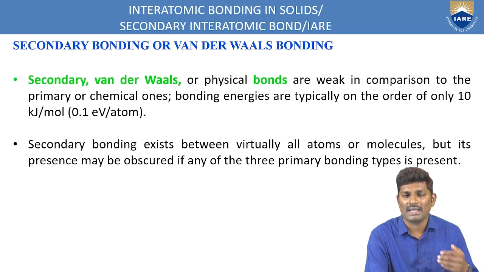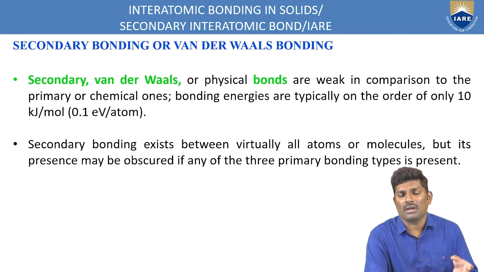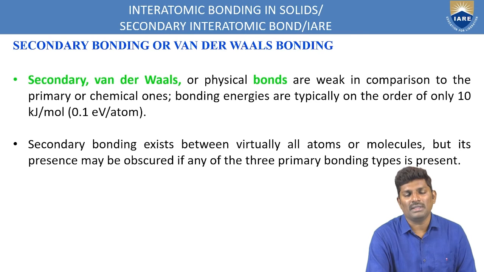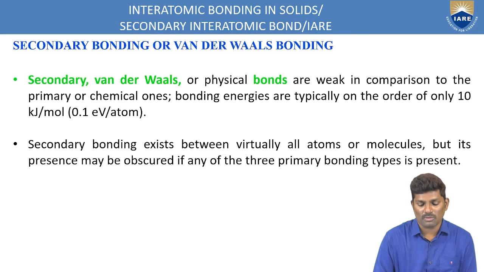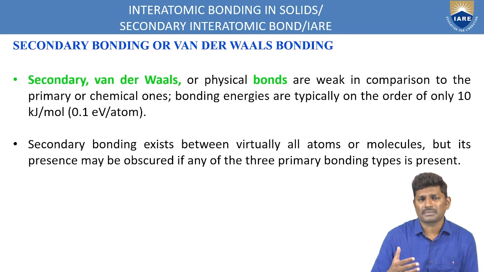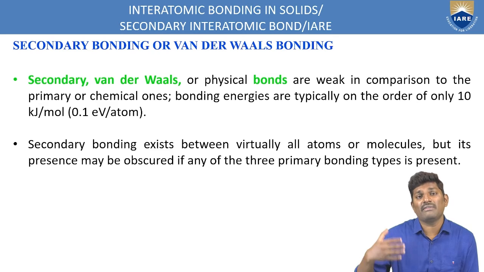Very rare elements will have more than 10, but approximately all the elements in the secondary type of bonding will have 10 kilojoules per mole. So the secondary bonding exists between virtually all the atoms or molecules, but its presence may be obscured. Why? Because though in every element the secondary bonding is present, the primary bonding nature is very high.